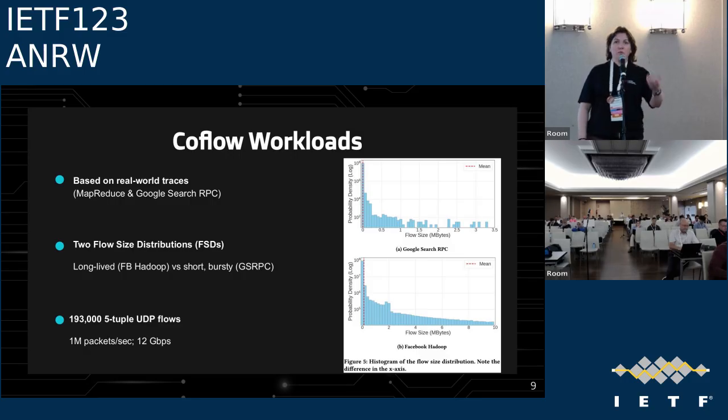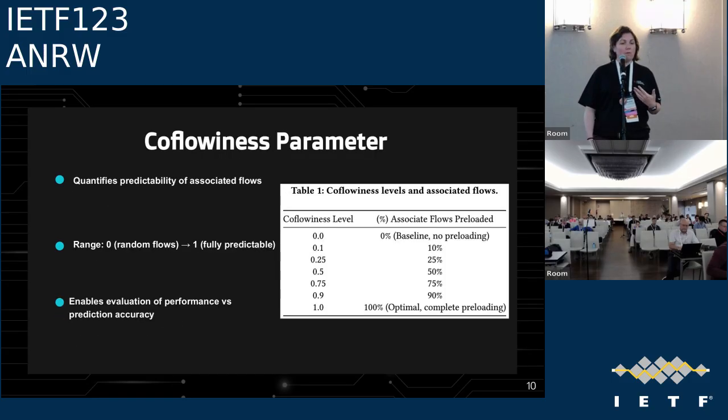For the co-flow workloads that I mentioned before, this definition of co-flow, we found 2 data sets, also published as part of the paper. One having very short-lived connections, this is from MapReduce and Google Search RPCs. And we have one that is more long-lived from Facebook Hadoop. We just wanted to test if, with any sort of extreme, very short or very long connections, we would have more or less benefits with predicting traffic.